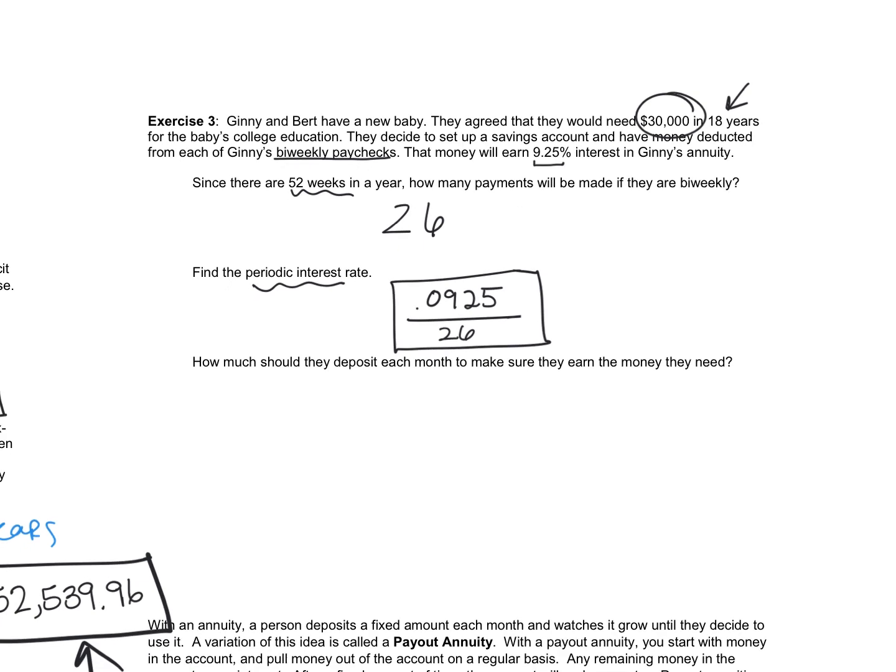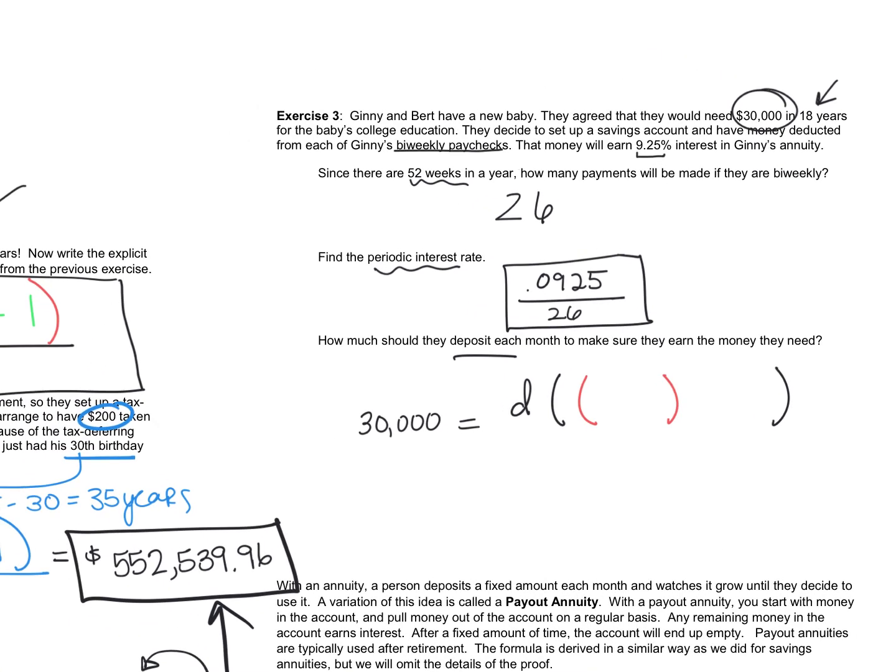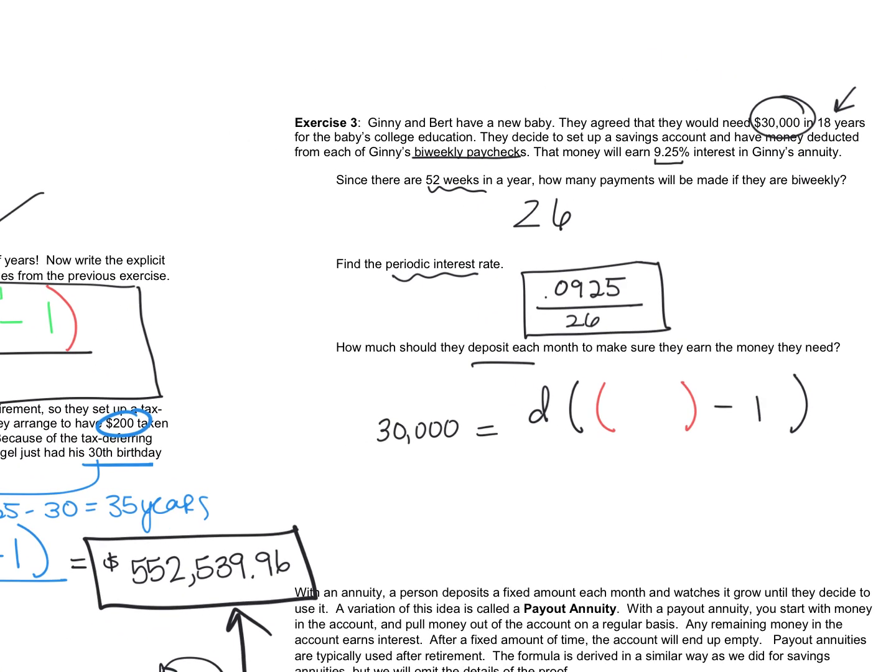And this time we already know how much they're going to have at the end, so we're going to start by saying, okay, we want $30,000. What is the amount that we have to deposit each month? So we have a giant parenthesis and then a little parenthesis. I'm going to put -1. And we know that we have 1 plus our periodic interest rate, 0.0925 over 26.